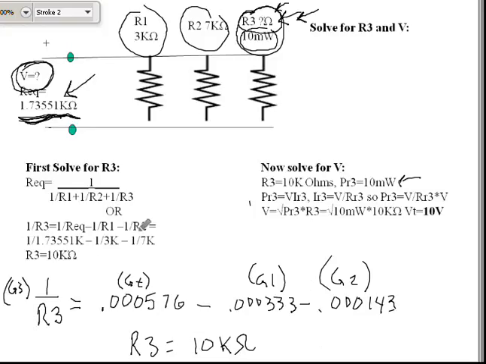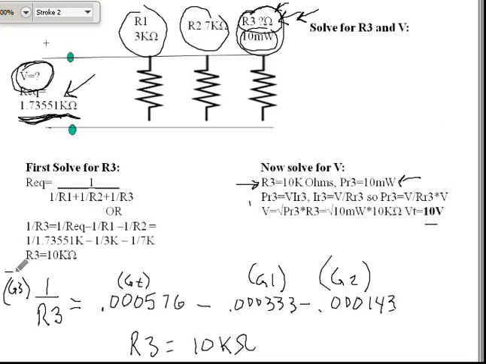So since we know R3 is 10K ohms, we can then incorporate that into the power equation. So at R3, the voltage is going to equal the square root of the power at R3 times R3, which is going to be 10 volts, which we knew from the previous equation.